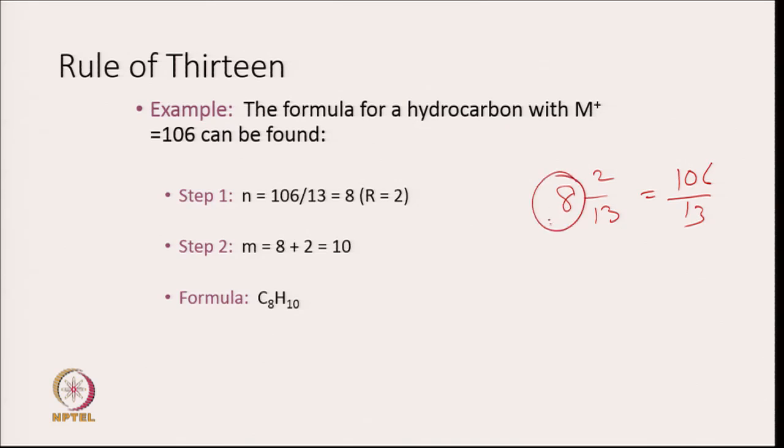So, this will give you the value of n, and m will be n plus the remainder. The remainder is 2, so 8 plus 2 is 10. So, the formula for the hydrocarbon will be C8H10.